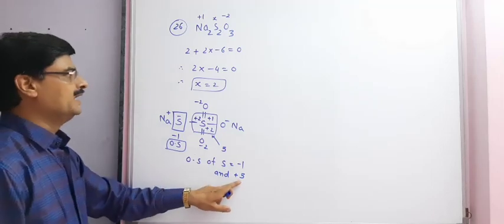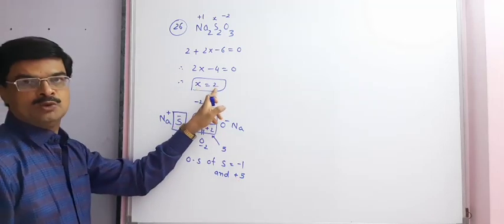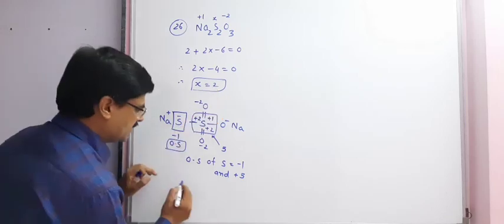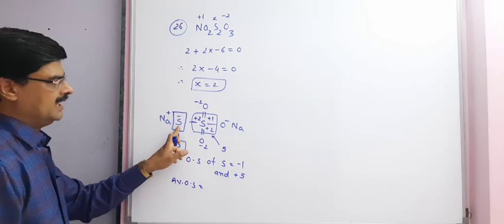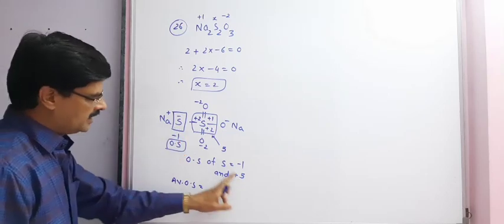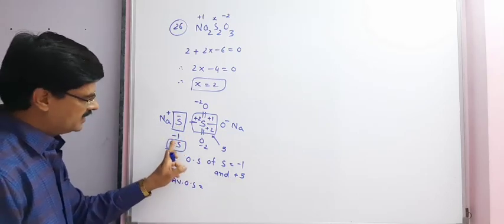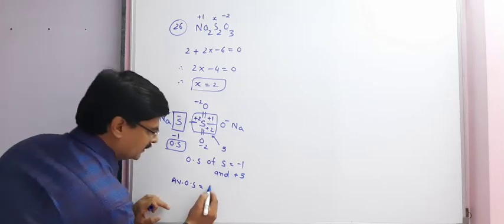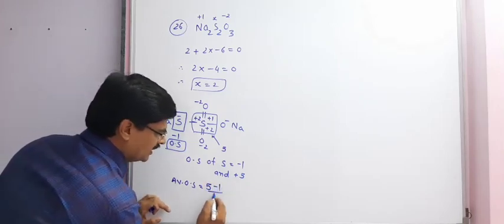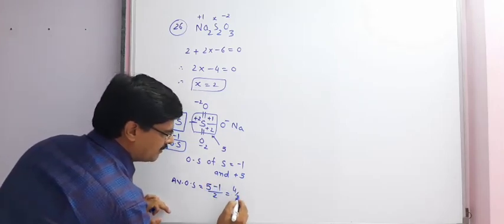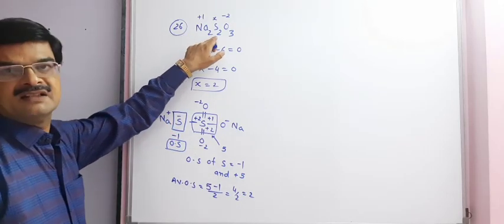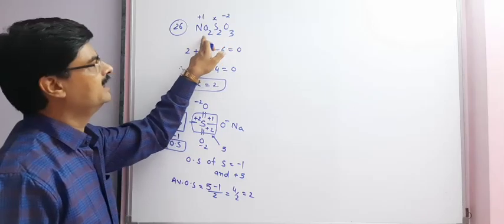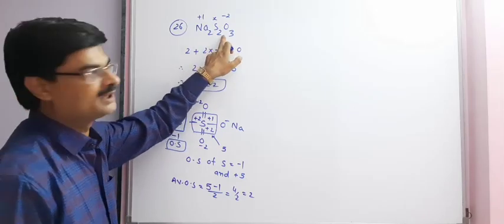If we want to find out X is equal to 2, meaning the average oxidation state, then we have two oxidation states for different sulfur, which are -1 and +5. 5 minus 1 divided by 2, 4 divided by 2 is equal to 2. So this is about the oxidation state of sulfur in case of Na2S2O3.